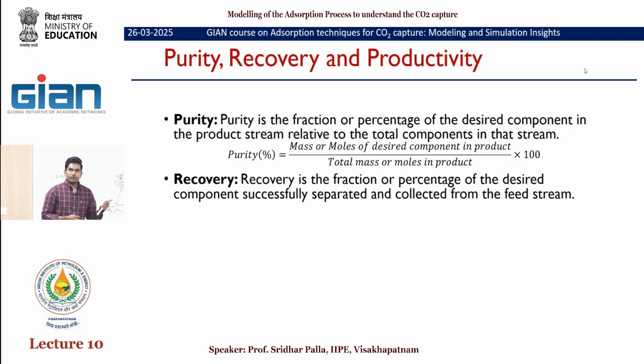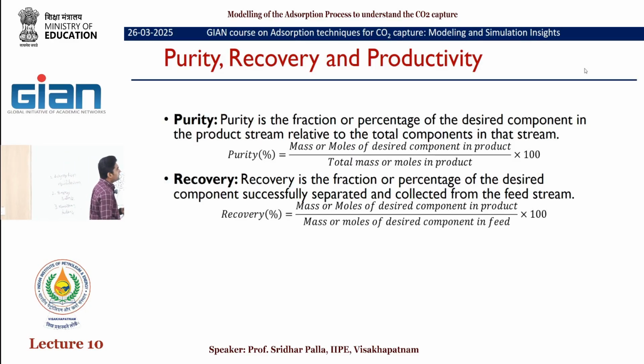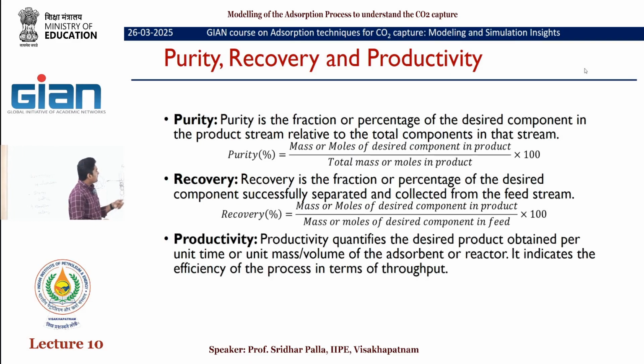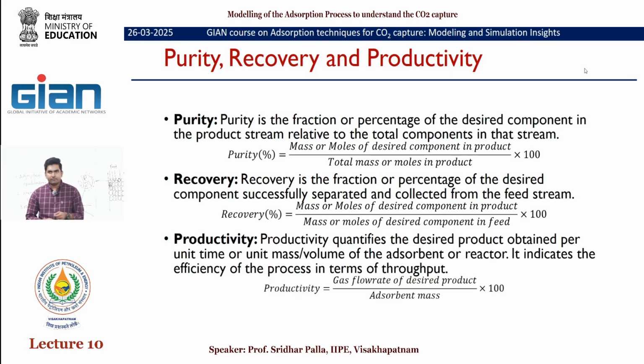Then comes recovery, how much of the CO2 we recovered. So recovery is the fraction or percentage of the desired component successfully separated or collected from the feed. Okay, that is mass or moles of desired component in the product to the mass or moles of this desired component in the feed. Then there is another term called productivity.